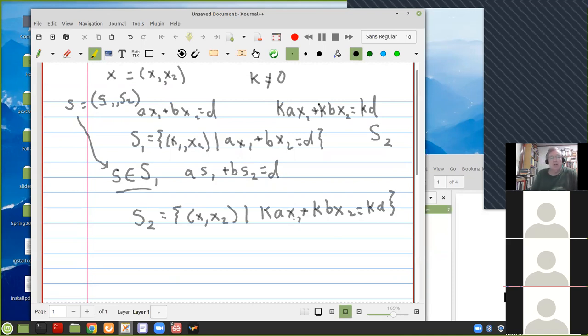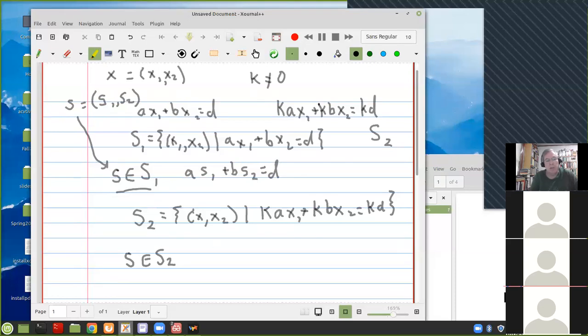Okay, so if I have some S, I want to ask, is this also a solution of this set? Well, that's the question. Is S also a member of S2? Because these sets are the same if they have the same elements, if they have the same solutions. So if they were the same, anytime I choose a pair that makes this true, it should be a member of this set.